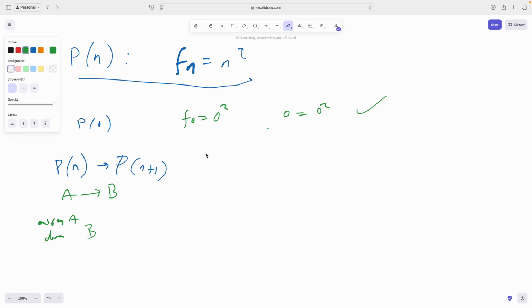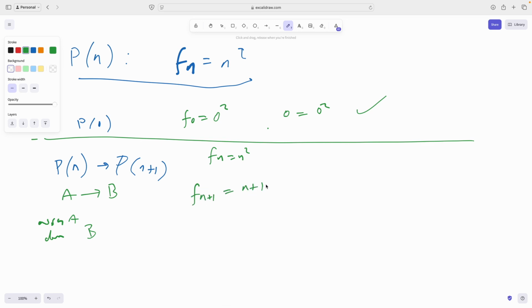So we assume Pn, so we assume Fn is n squared. That's what we assume. And we now need to derive Pn plus 1. So let's look at it. What does it say? It says that Fn plus 1 equals n plus 1 squared. So let's start with what the definition tells us.